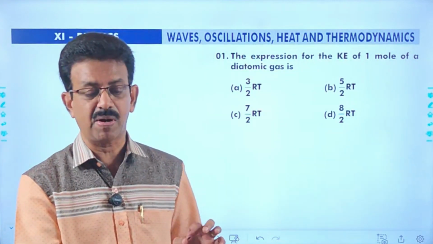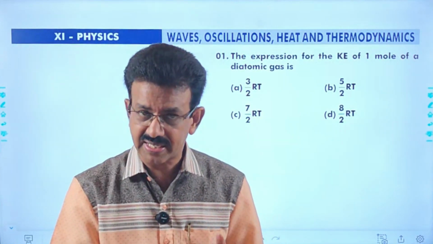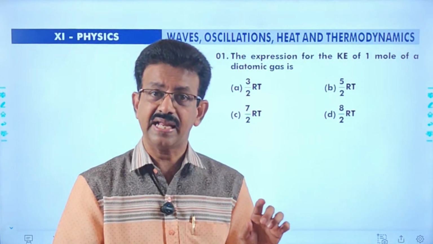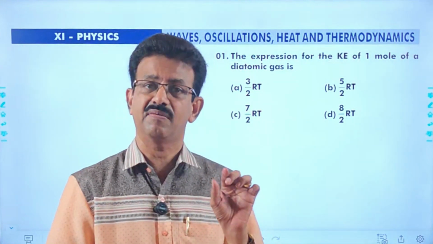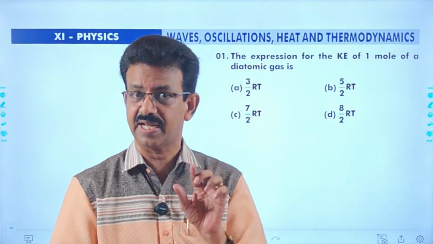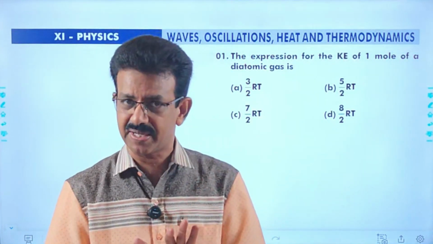Here, the question is about 1 mole of a diatomic gas. For a diatomic gas, there are 5 degrees of freedom. Therefore, for 1 mole of an ideal gas, the kinetic energy is 3 by 2 RT. For a monatomic gas, also it is 3 by 2 RT.